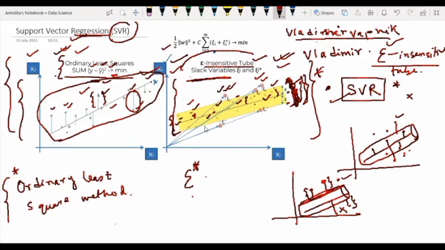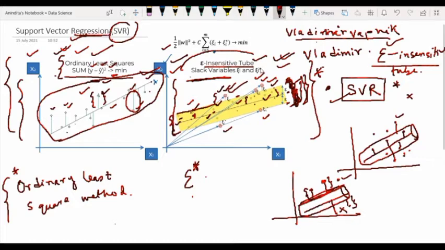So what is the definition finally we are talking about? We care about these slack variable distances. The primary concept of support vector regression is that, for the slack variables, the distance between the slack variable and the outer boundary of the tube is treated as the actual least square error distance. So the ordinary least square distance is not considered.